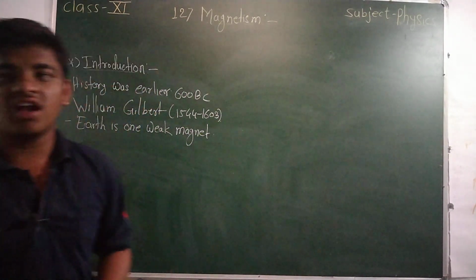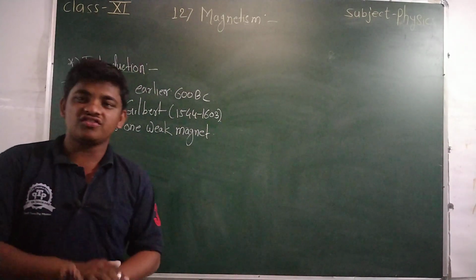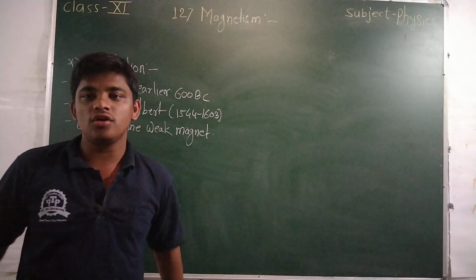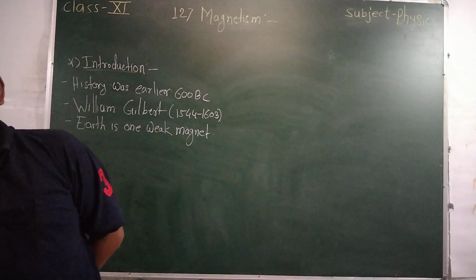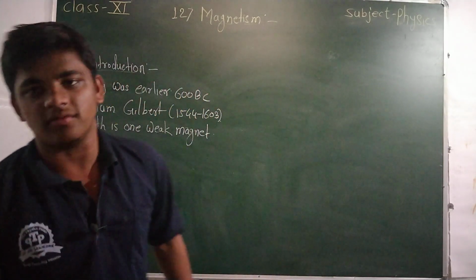Another scientist after this is the Danish physicist Hans Ørsted, 1777 to 1851. He suggested the link between electricity and magnetism.